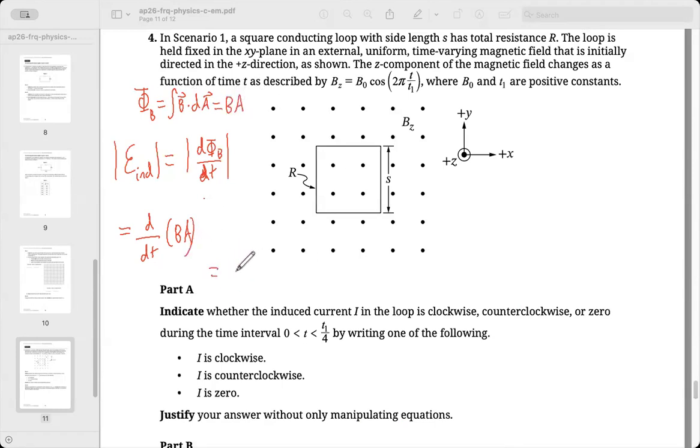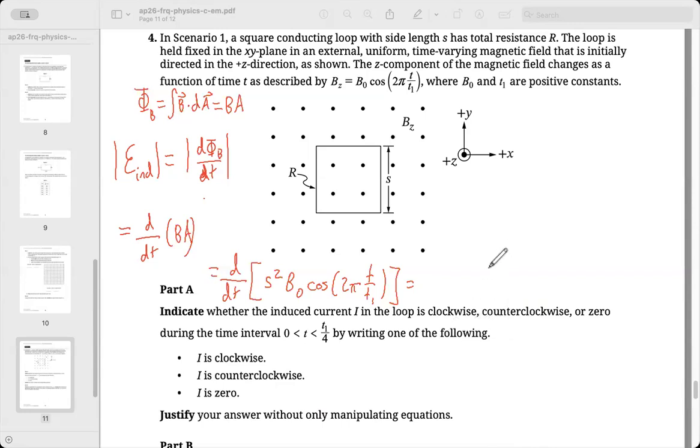So that's going to equal d/dt of the area, which is s squared, times the magnetic field, which is B0 cosine of 2 pi t over T1.